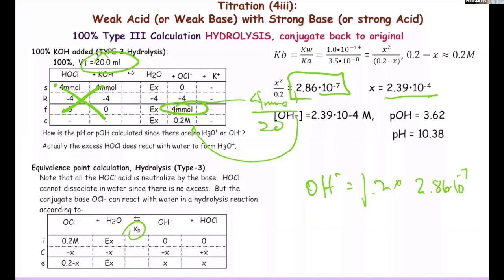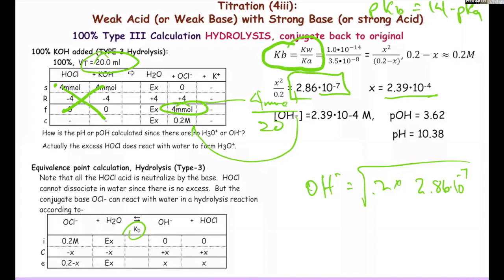Take the square root of that, and that's your hydroxide ion concentration. This is the other way to calculate Kb: Kw over Ka equals Kb, or pKb equals 14 minus pKa. Those are two equations that we covered way back in the beginning of this particular section.